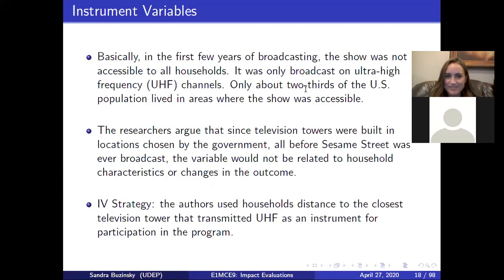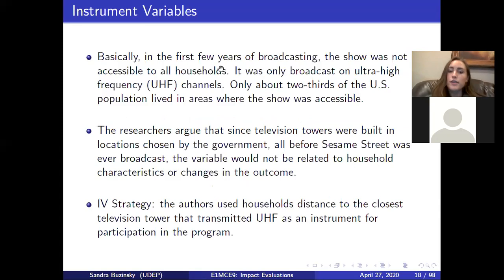So what the authors do is they manipulate, or I'll just explain it. Whatever year Sesame Street was implemented in, the show was only available to certain households based on a certain radio channel, and they use that variation to measure the effect on education outcomes.